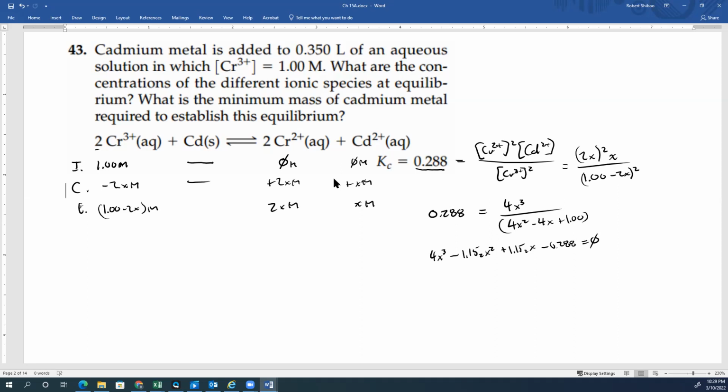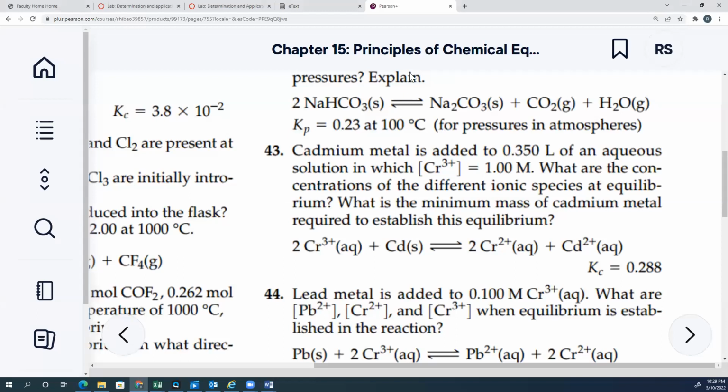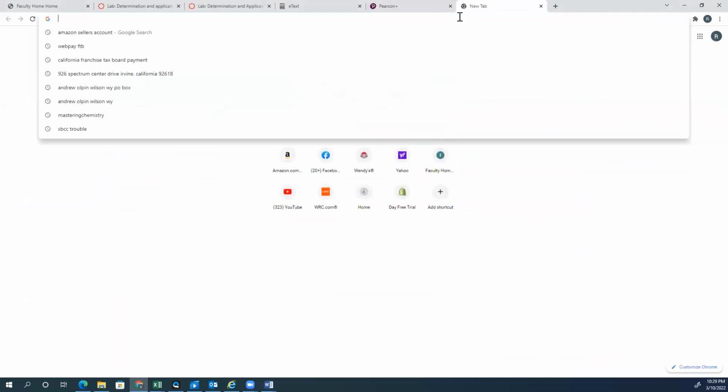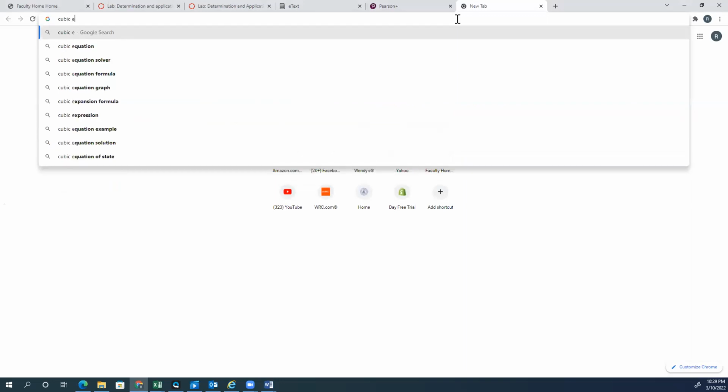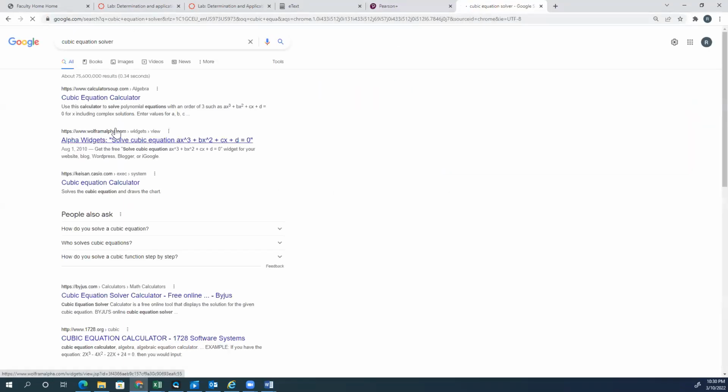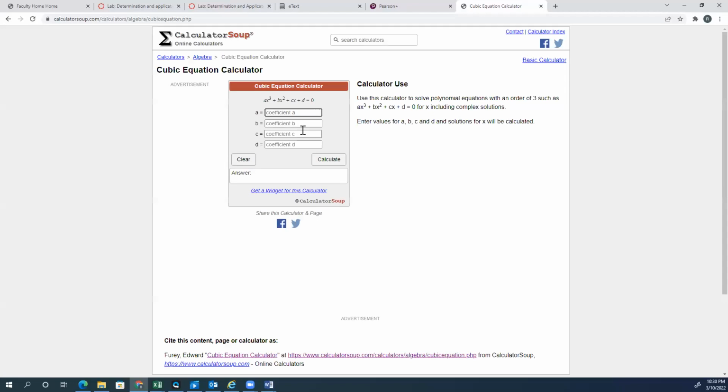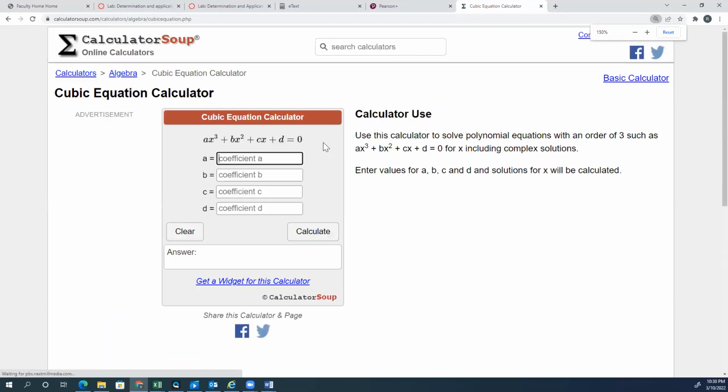Now, do you have a calculator that can solve cubic equations? Well, you know that Casio can. But if you're doing homework, you just go to a cubic equation solver. Just use a cubic equation calculator here.